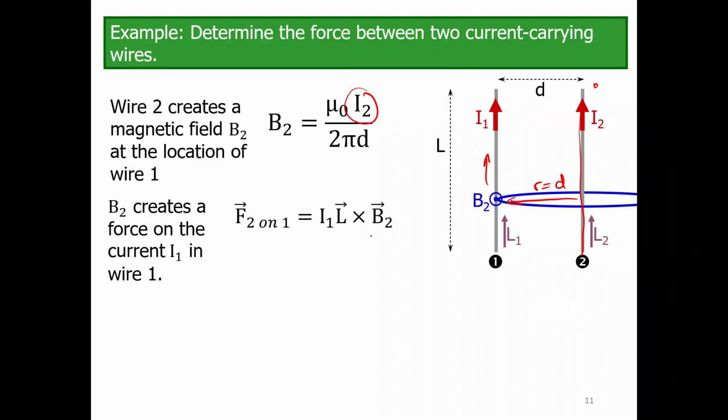So I don't really need the cross product. It's just going to be ILB. But I have to be really, really careful that this is the force of the magnetic field from wire 2 acting on the current I1. So you have to be really careful with your subscripts. We don't need the cross product because it's just going to be ILB.